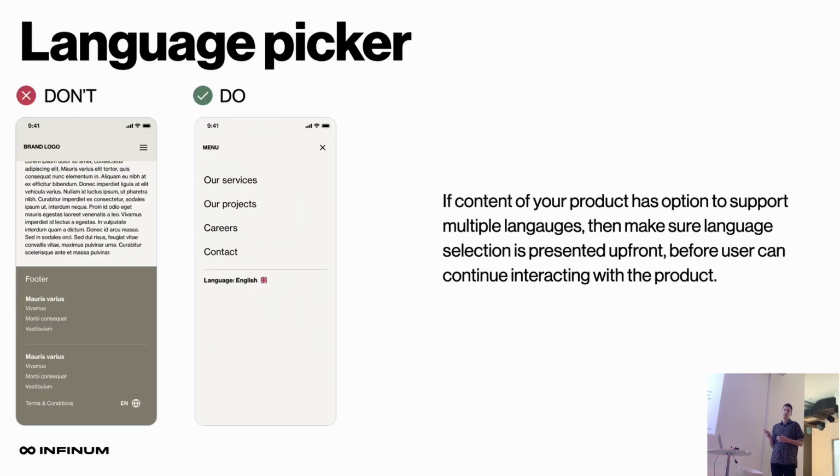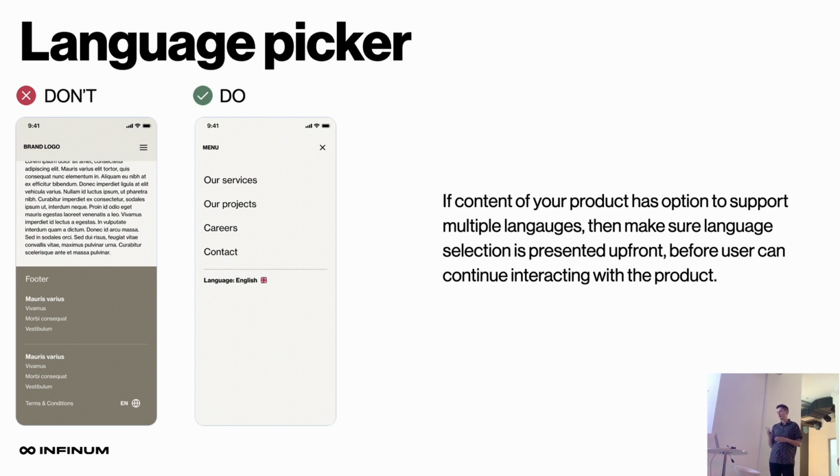And the last thing, I would say the most important one, is to have a language picker in a prominent place inside the app. What usually happens is that the language selection is in settings or on the very bottom of the page. So you have to navigate a website which is not in your language, maybe not even in your script, and you have to find the language selector and change to your language, which is pretty bad.